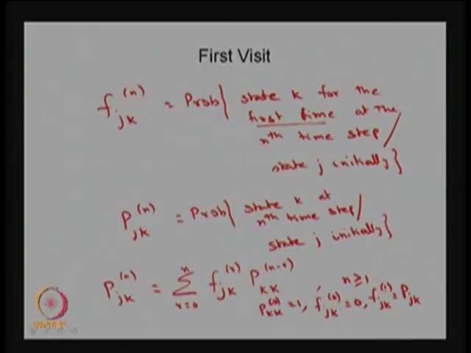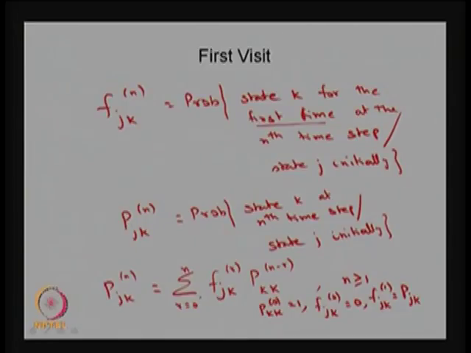The first time the system is moving from the state j to k in one step is the same as the one step transition probability. The first time and one step transition probability are the same, whereas for n greater than or equal to 1, it is going to be the combination of the first time with the not necessarily first time n minus r step transition probability; all possible events give altogether the final probability.